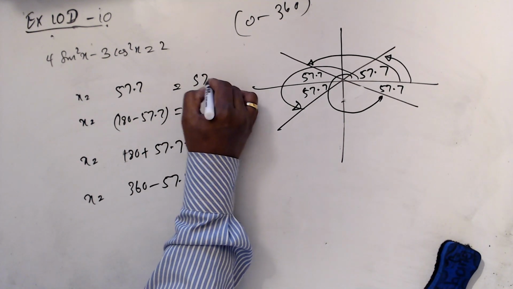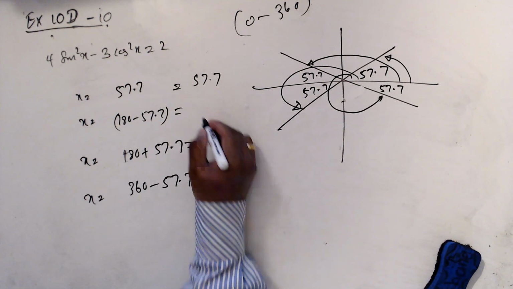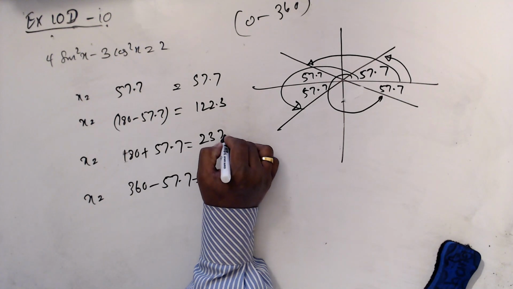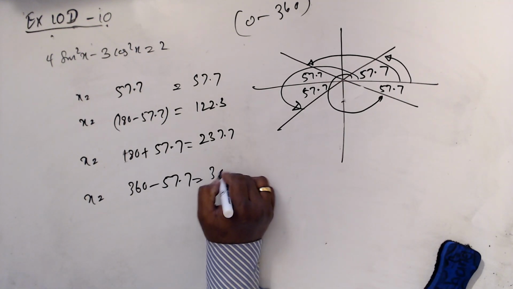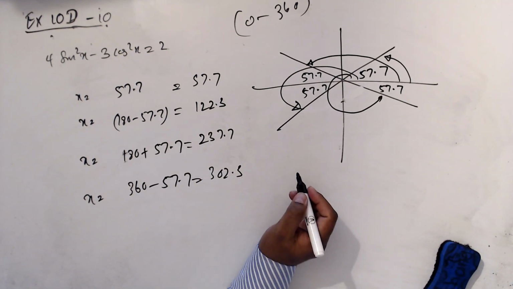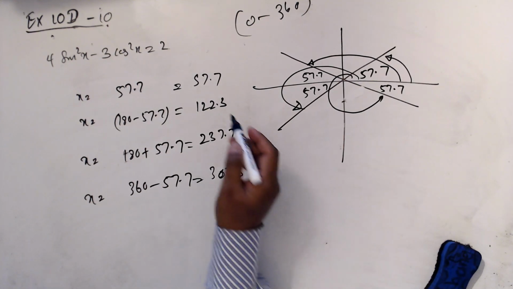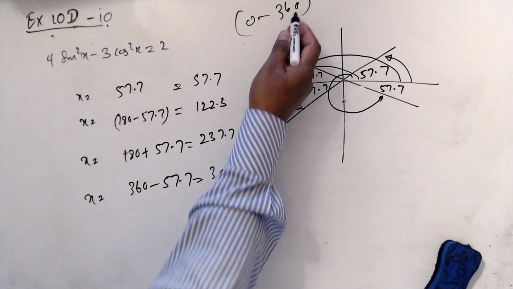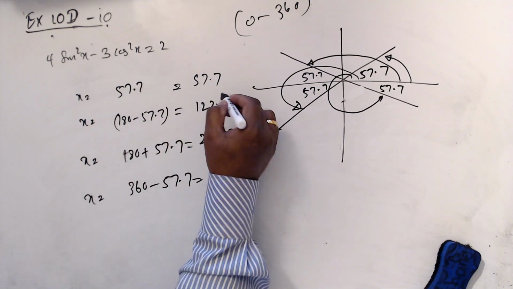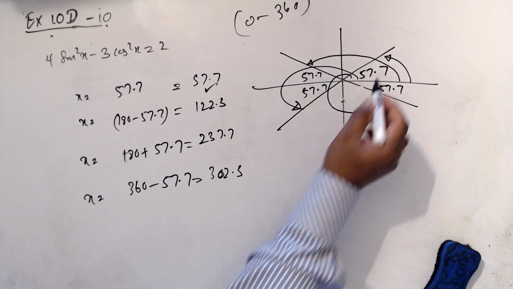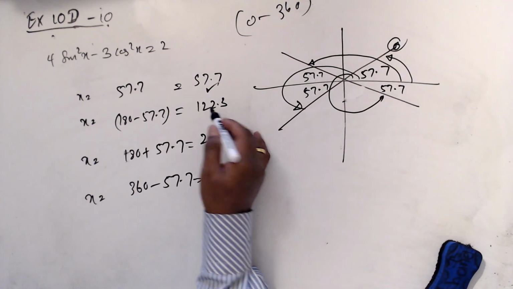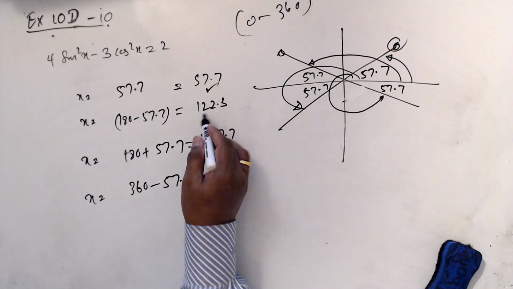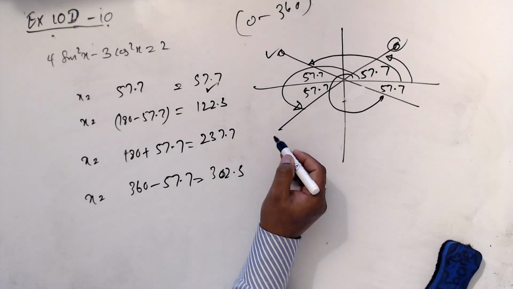Yeah, this is 57.7. This is 102.3, 237.7, 302.3. Now, we'll see if I add this one to 360, out of range. If I minus, out of range, so that is fine. So that one is okay, done. Now this one. If I add 360, out of range. If I minus, out of range, that is done.